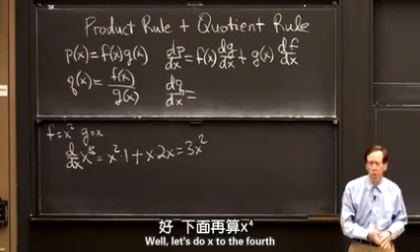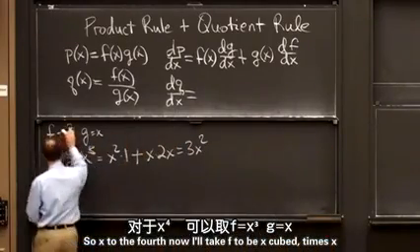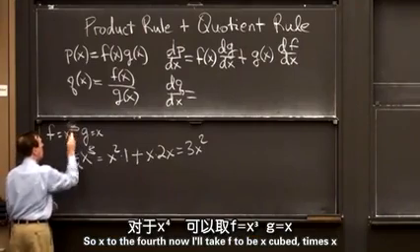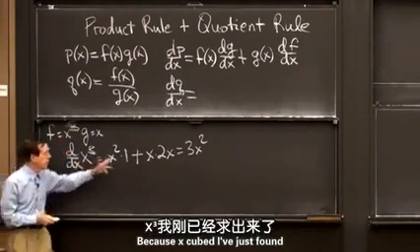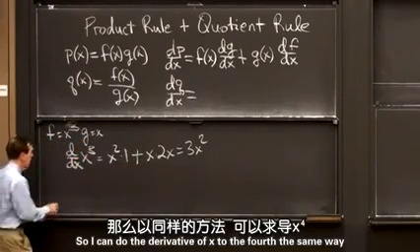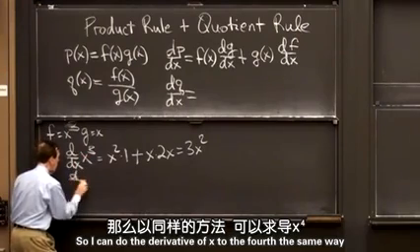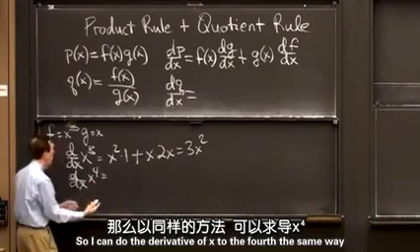Let's do x to the fourth. So x to the fourth, now I'll take f to be x cubed times x, because x cubed I've just found. X, its derivative is 1, so I can do the derivative of x fourth the same way.